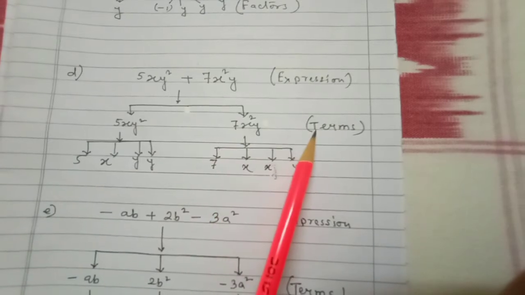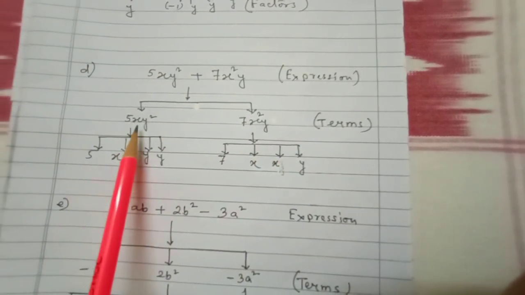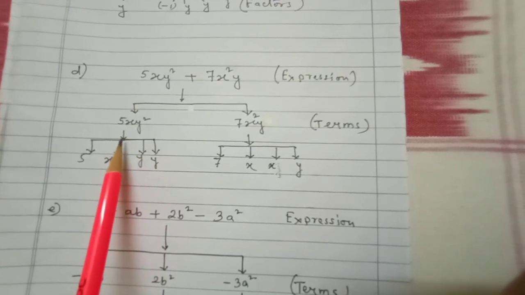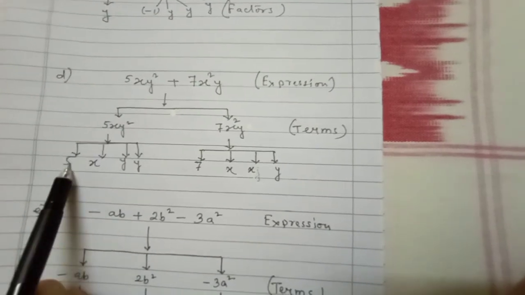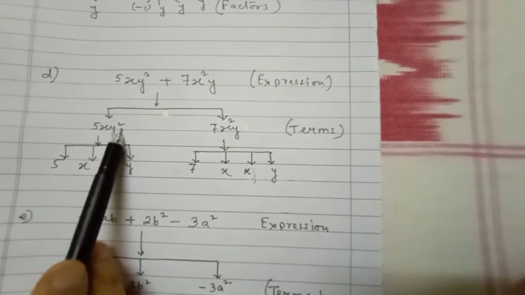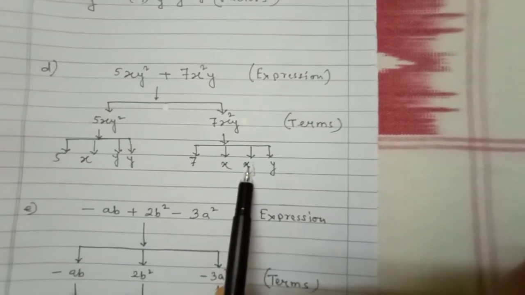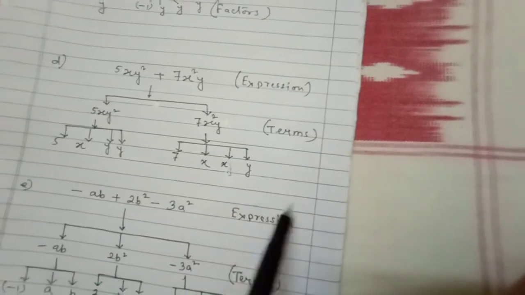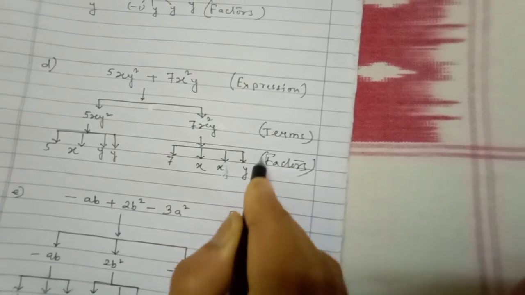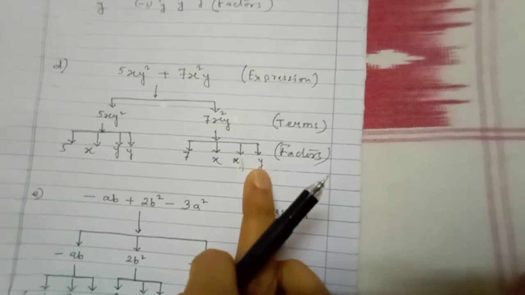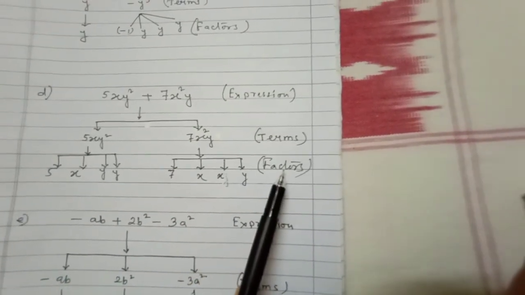These are two terms. When you divide it, the next branch will be the factors. One is 5, x and 2 times y, and here 7, x will come 2 times, and y. These are the factors. So you have to write the expression, terms and factors.